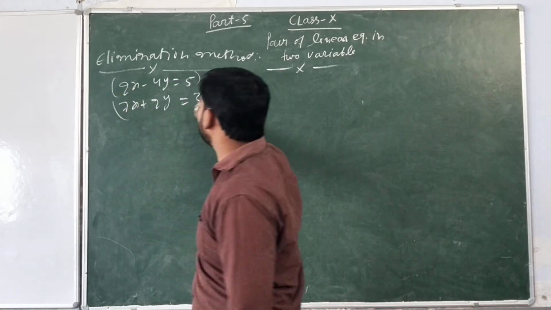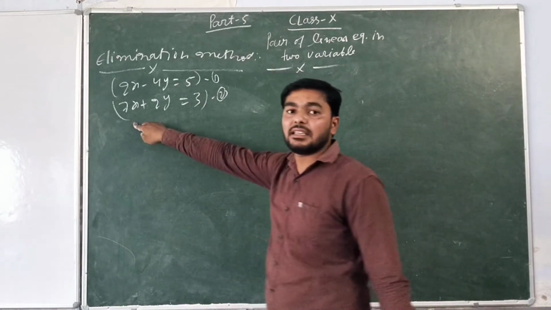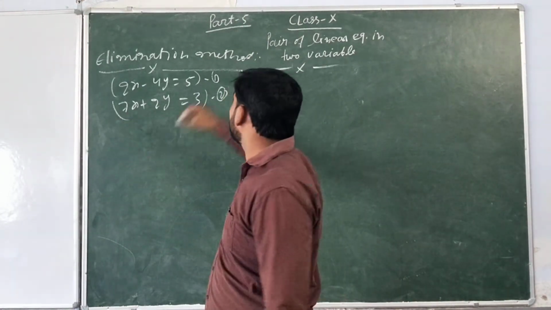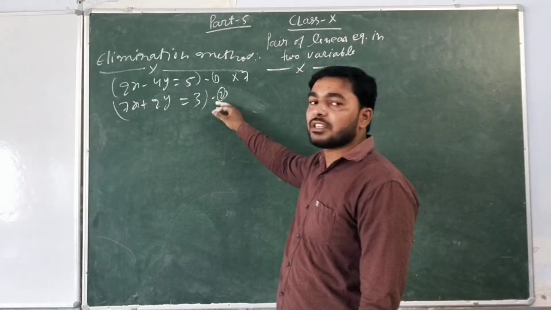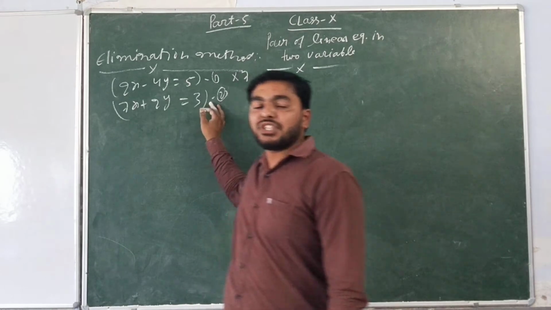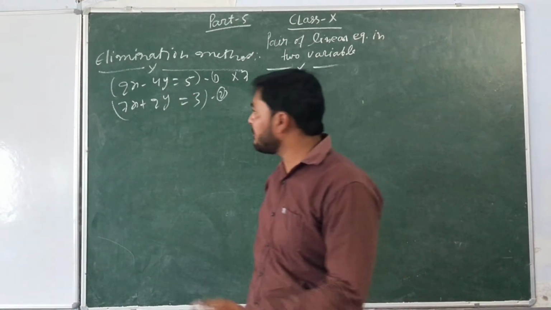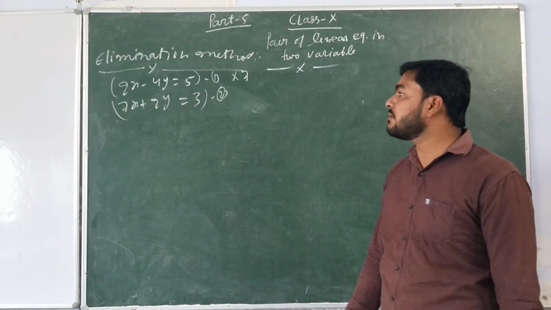So you have to multiply the first equation with the coefficient of x in the second equation. The x coefficient is 7, so multiply the first equation with 7. In the first equation the x coefficient is 2, so multiply the second equation with 2.